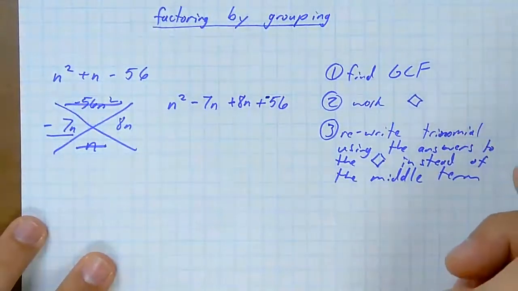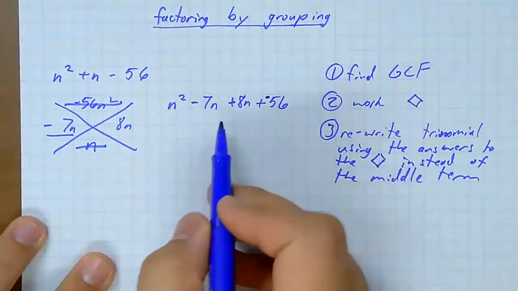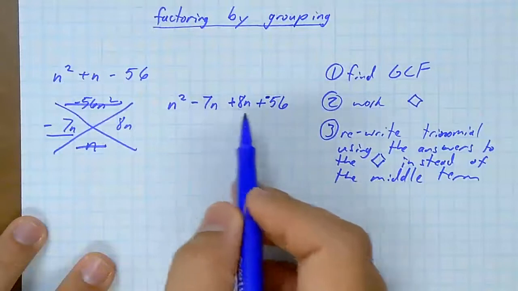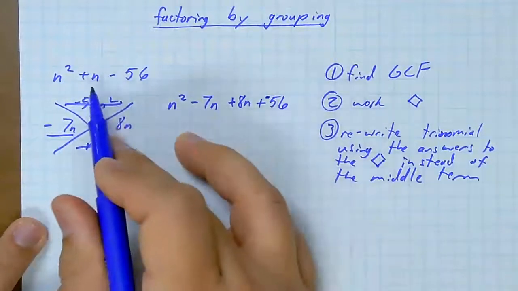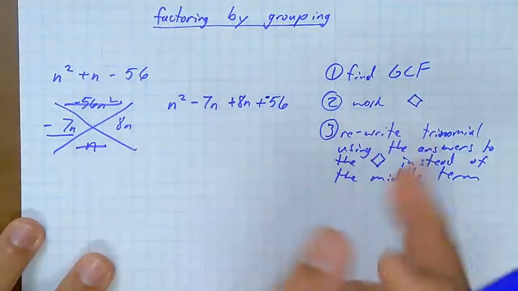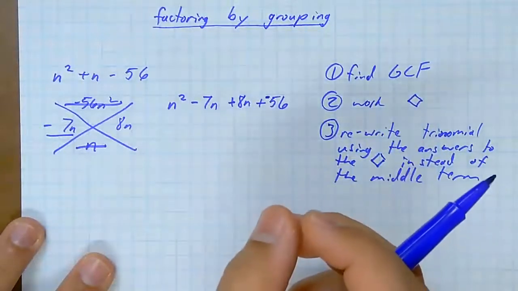Sorry about that. And so all we've really done is we've just uncombined like terms. If we were to add negative 7n and 8n, we'd go right back to n. That's why we're able to do this. We've written an equivalent statement. We've just uncombined like terms.